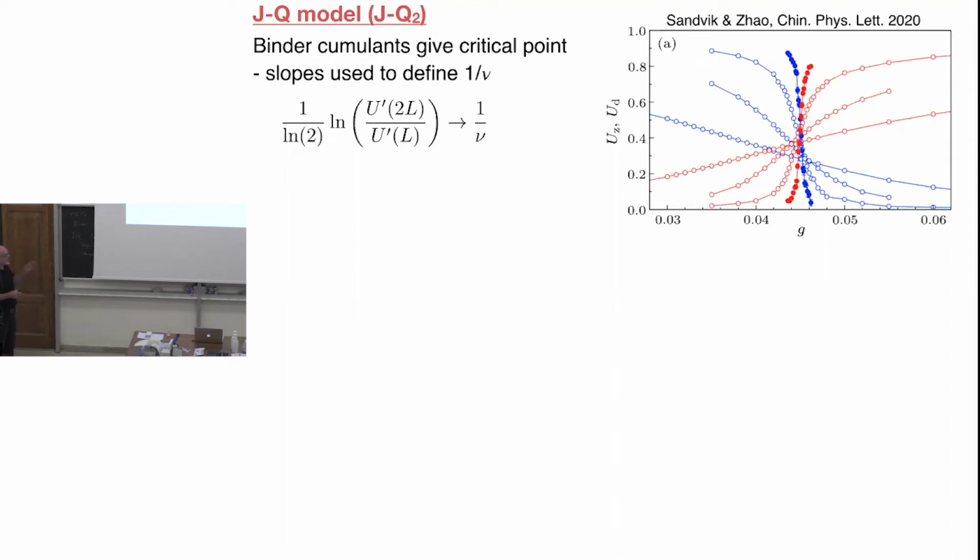I should say there are several ways of doing crossing points here. We can look at crossing points of L and 2L for the same order parameter. Then what I said should be the case. We can also look at the crossing point between the VBS and AFM order parameter.